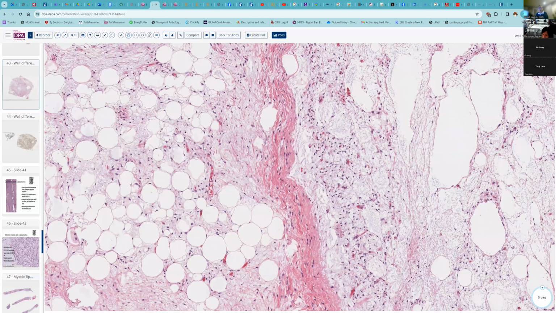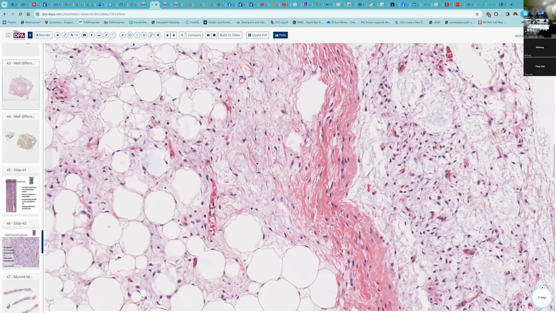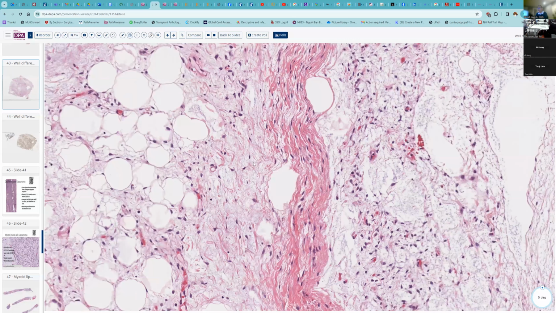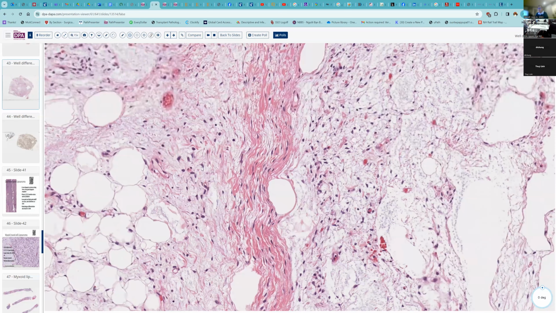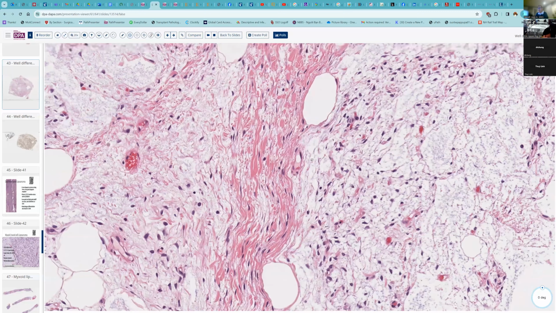It's not going to be a myxoid liposarcoma. Rather, it's much more likely to be a well-differentiated liposarcoma. And in this case, the atypia in the stromal cells is relatively mild. You see here, there's just a little bit of stellate cell change, a little bit of nuclear enlargement, and not a lot of high-grade atypia.